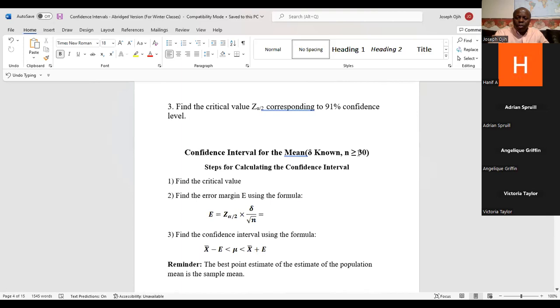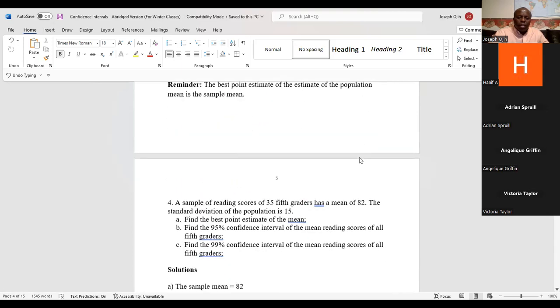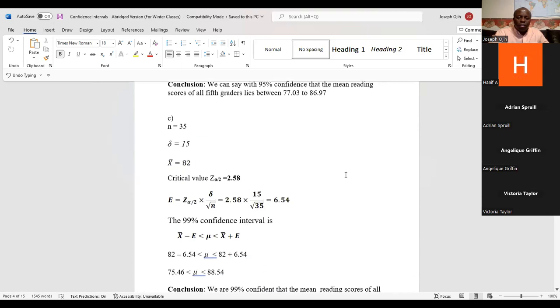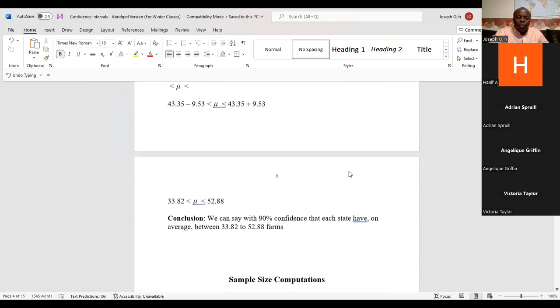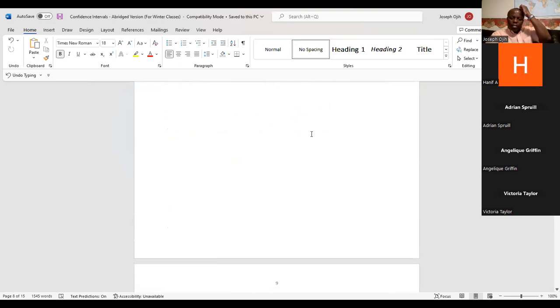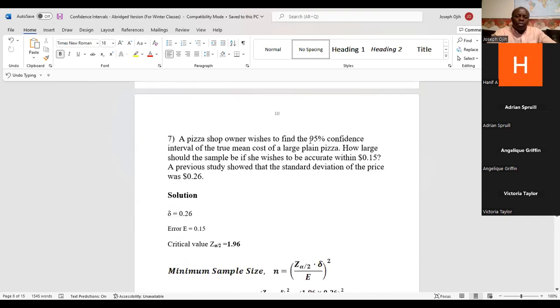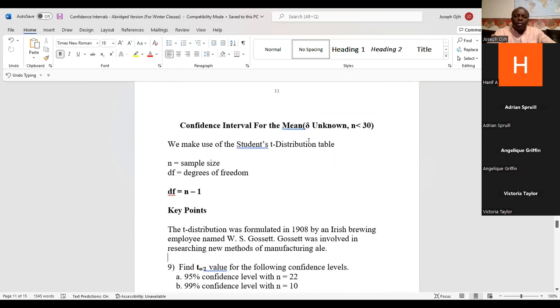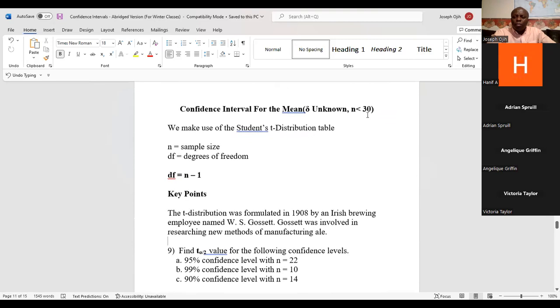We also did how to compute the minimum sample size using this formula. Now, let us look at the confidence interval for the mean where the sample size is small. In that case, n is less than 30.